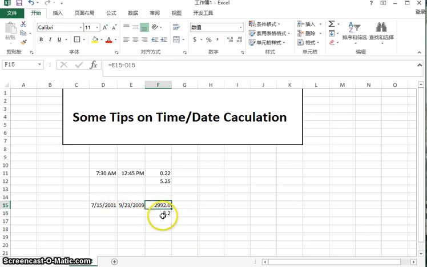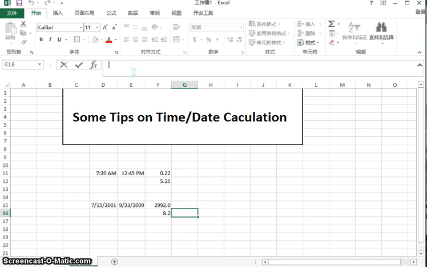So right now we have two results, and if I change these 8.2 years to days, these two numbers should be exactly the same.